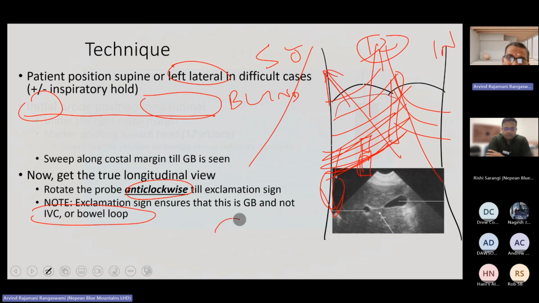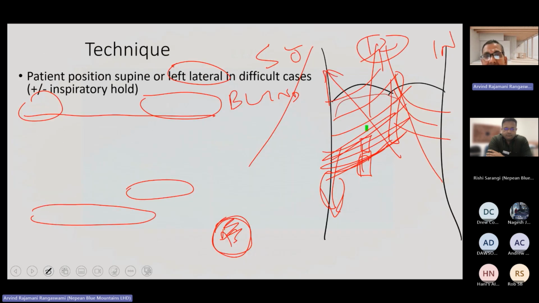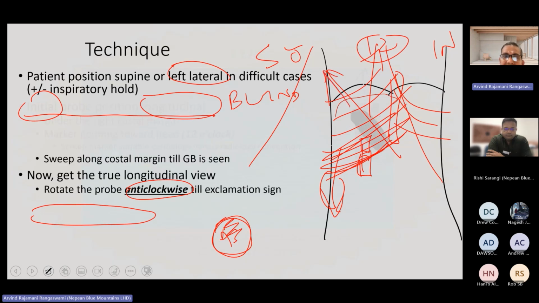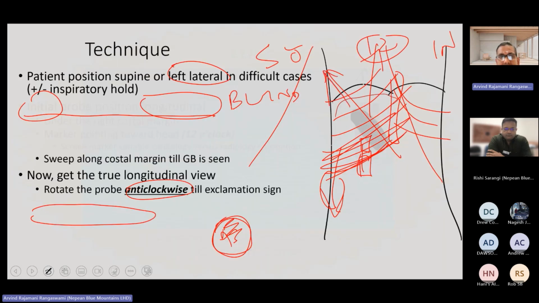And that will also, if it has fluid, be anechoic, with a very thick gallbladder wall. And I personally, in my first 5 or 10 scans, actually mistook a normal duodenum to be a gallbladder with thickened wall. So that's why you have to get this exclamation mark sign in order to get the anatomical relationship.